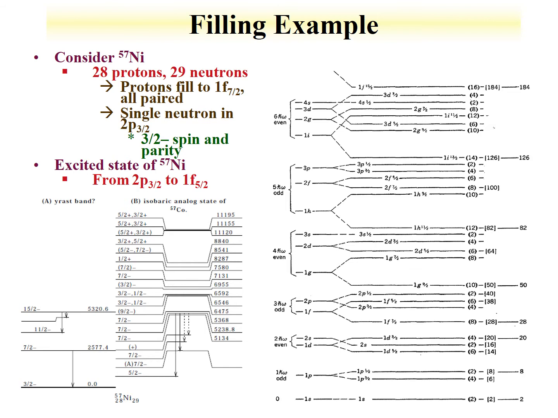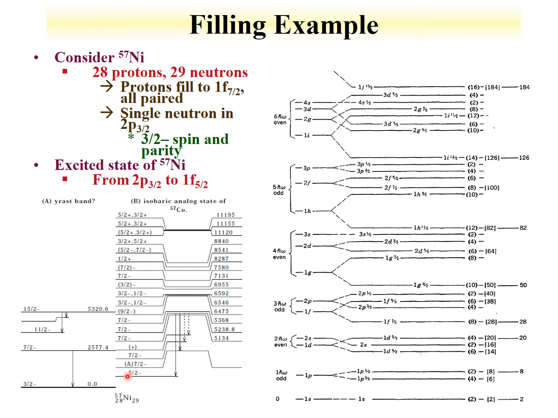So let's consider the excited state. The excited state is 7/2 minus, and if we look here, the 29th neutron is here. If we excite that, we go to a 1f 5/2 level, which is what we see here.